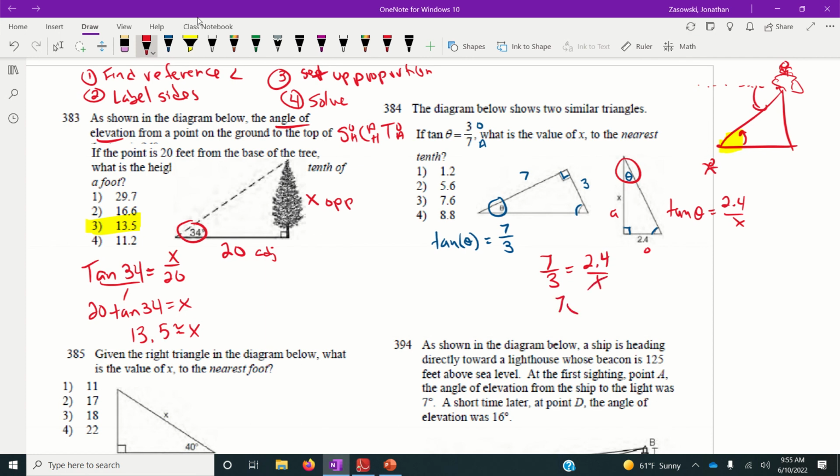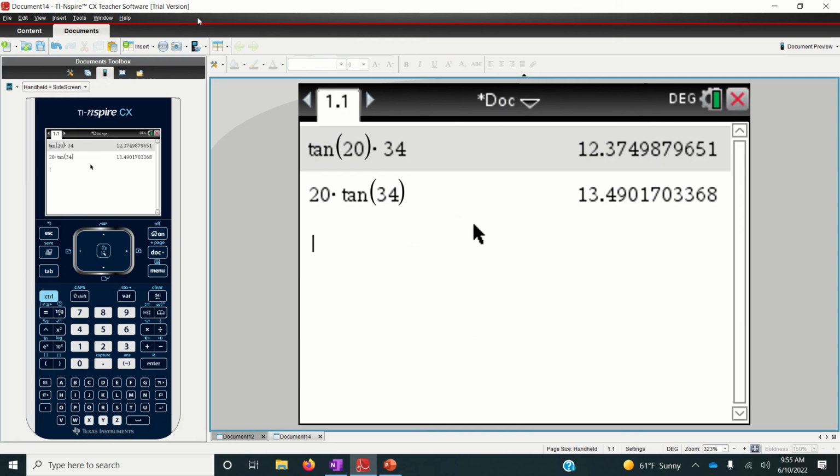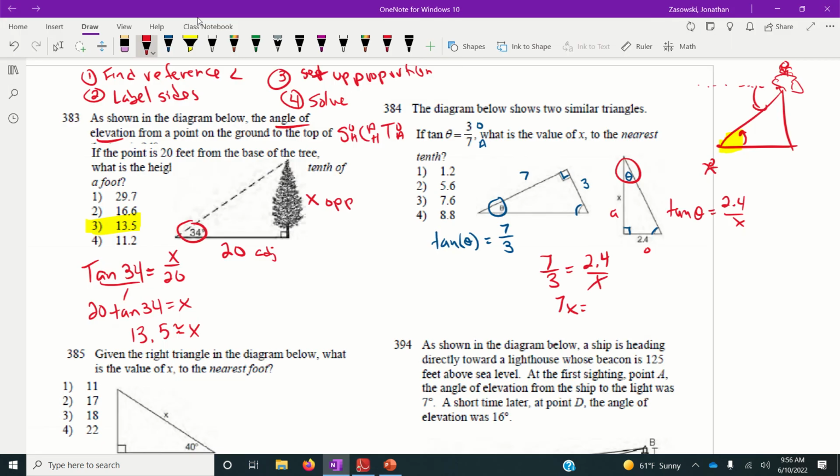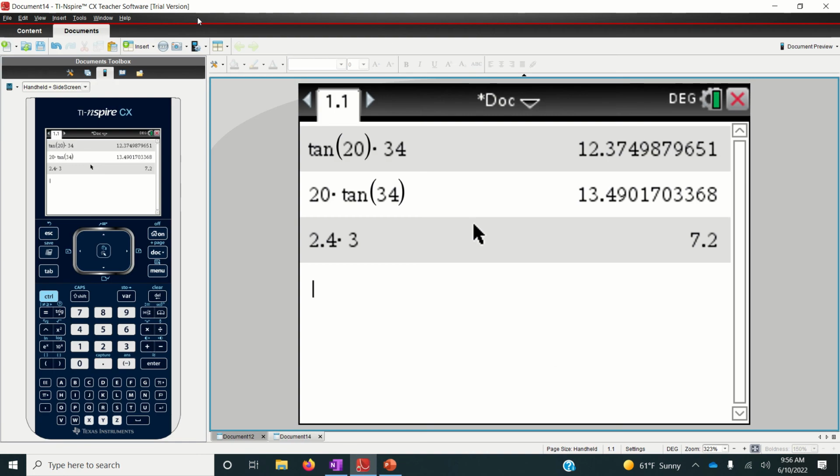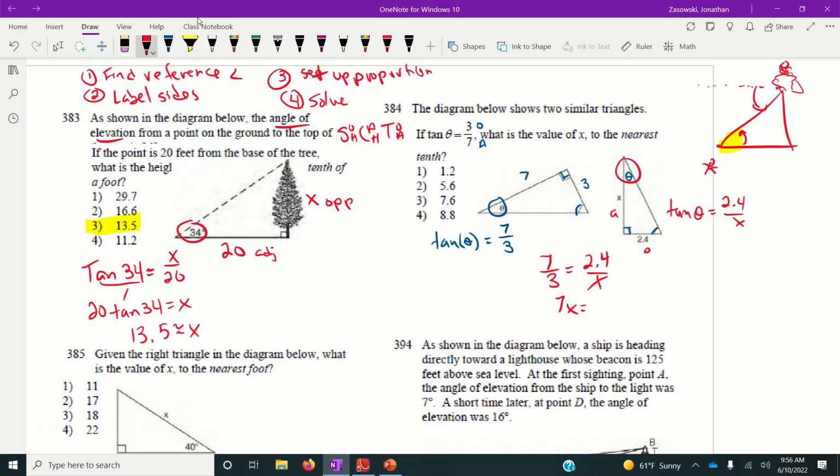So we're going to get 7x is equal to 2.4 times 3 is 7.2. And since that is equal to 7, we just divide by 7, get x by itself, and we get 1.03 here.